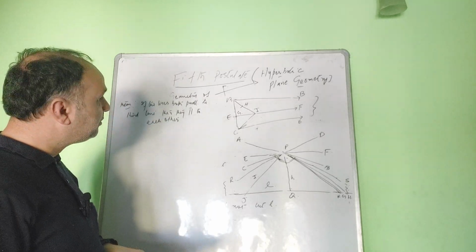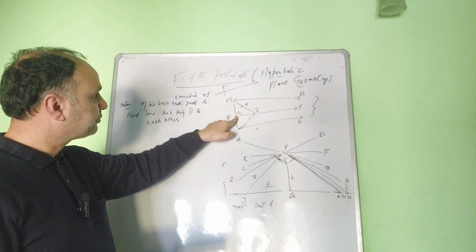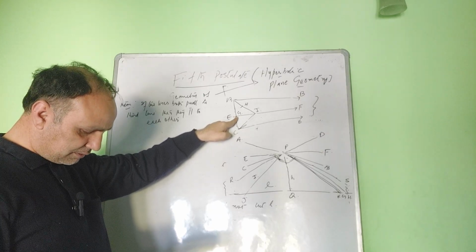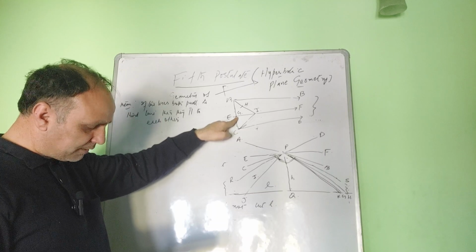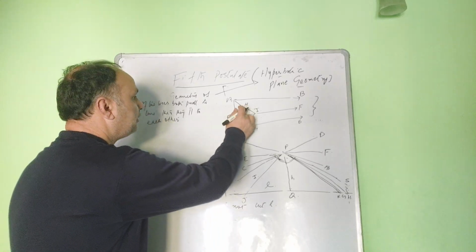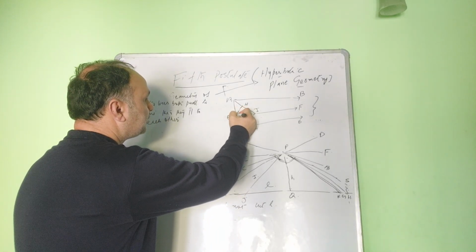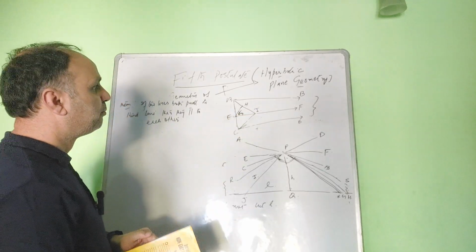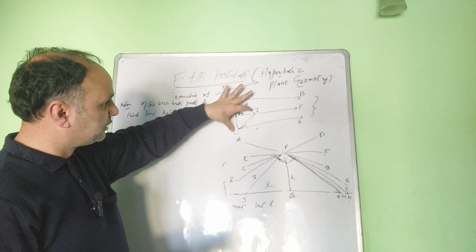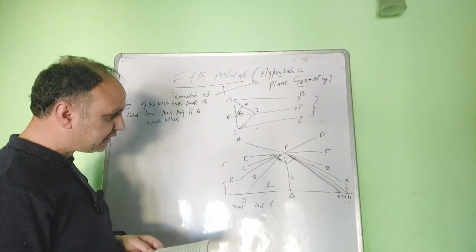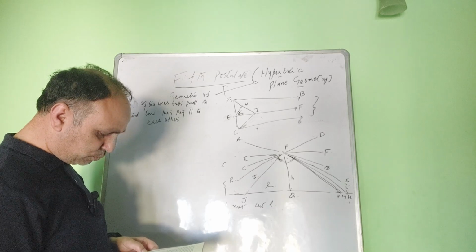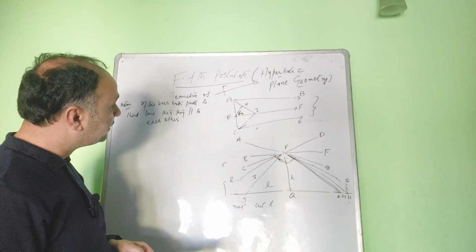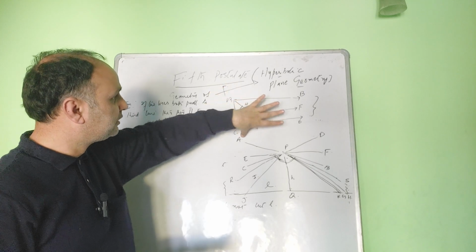Then through any point G of AB, we draw the parallel GH to CD in the designated direction. So we can draw GH parallel to CD in that direction.